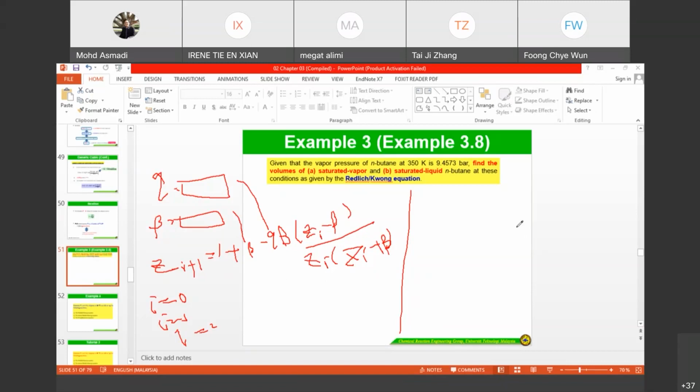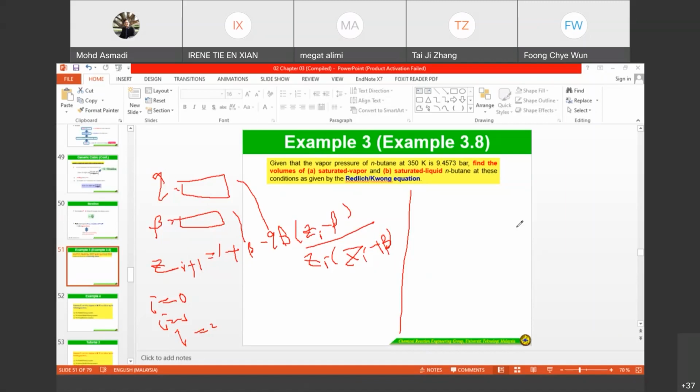So please do it quickly. If not, we are not moving to the other examples or other tutorials. Once you know how to solve this example 3A, I think it's no problem for B1, the saturated liquid.